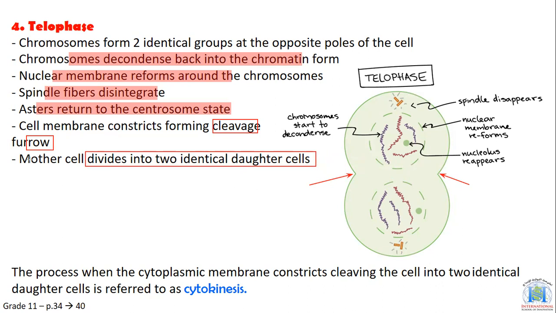Okay? This splitting process is called cytokinesis. So by cytokinesis and through the formation of a cleavage furrow at the center of the mother cell, we divide the mother cell into two identical daughter cells. Okay?